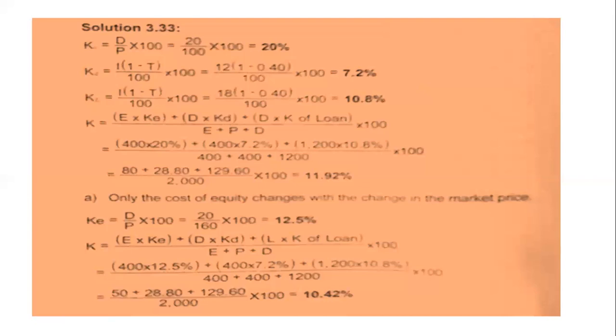So total value would be 80 plus 28.80 plus 129.60 divided by 2000 into 100. So the weighted average cost of capital under circumstance A is equal to 11.92%. Now next we'll move towards B, circumstance B.